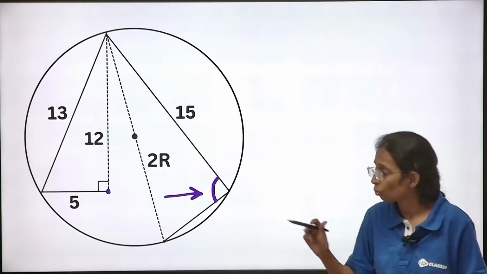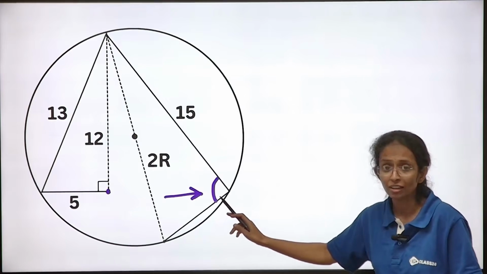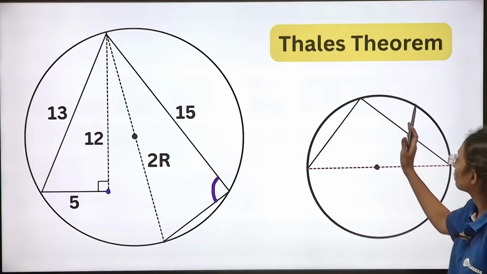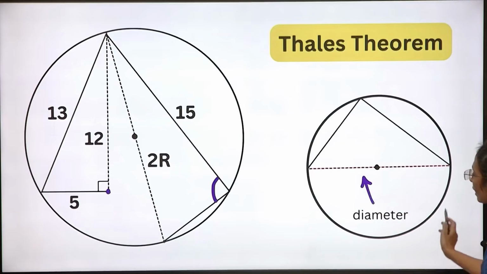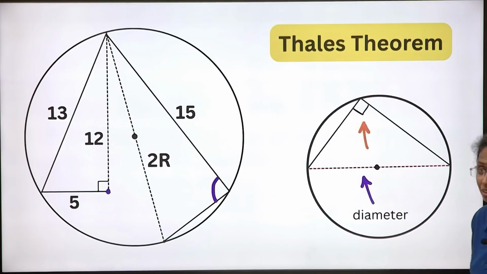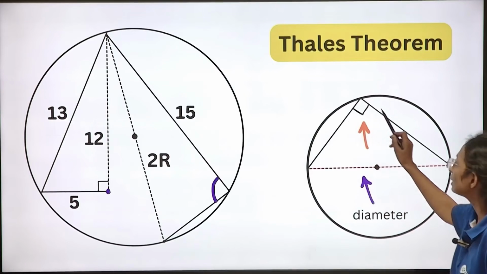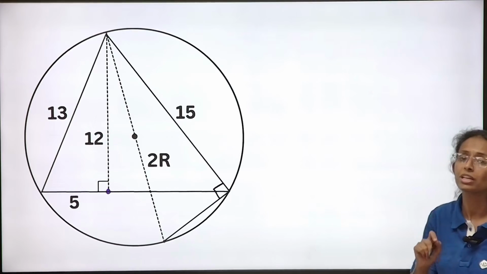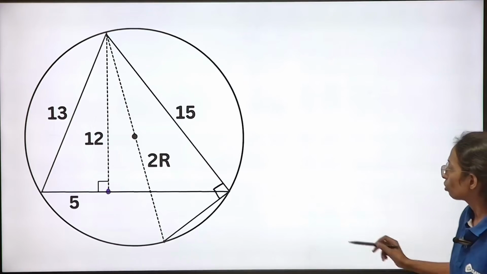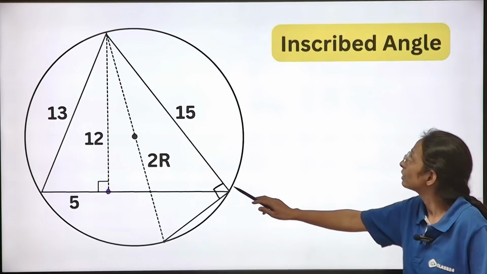Do you know the value of this angle? This value will be determined by Thales theorem. Thales theorem states that if we join any angle in a semicircle, that angle is always 90 degrees. So, this angle is 90 degrees.